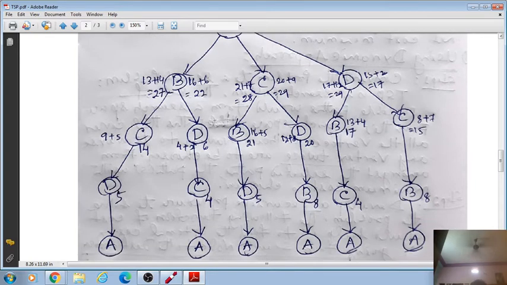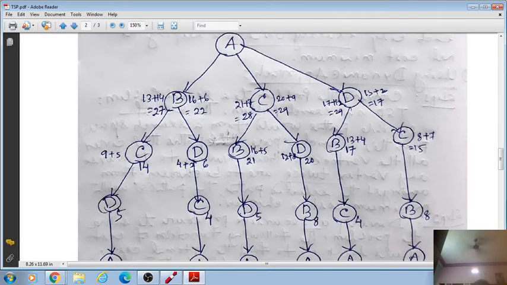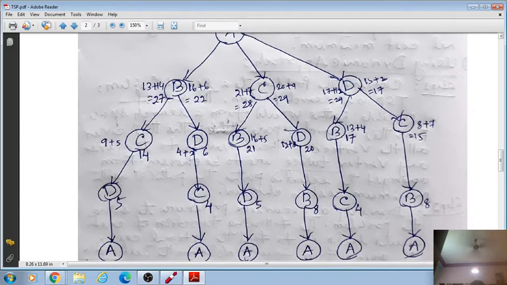Okay, understanding? Then if it starts from A and goes to C, there are two possibilities: B or D. If it travels to B, one more possibility remains, that is D. So A, C, B, D, and again it will return to home A. Similarly, A to C, C to D, then the one remaining possibility is B, then return to home.